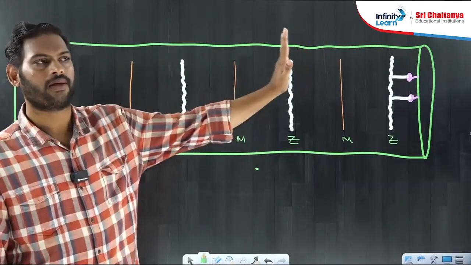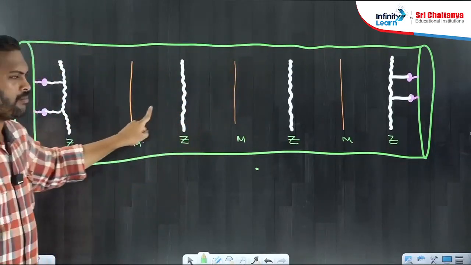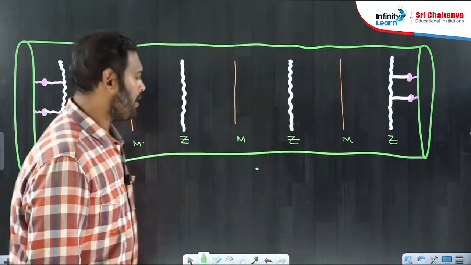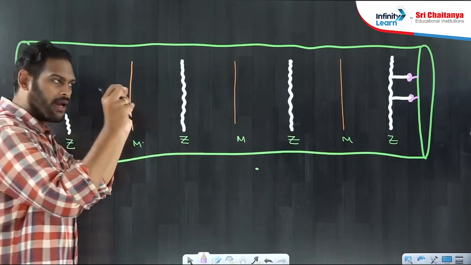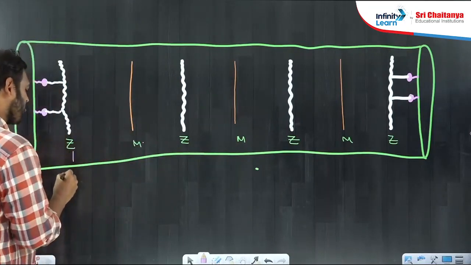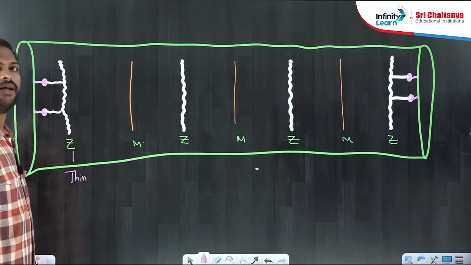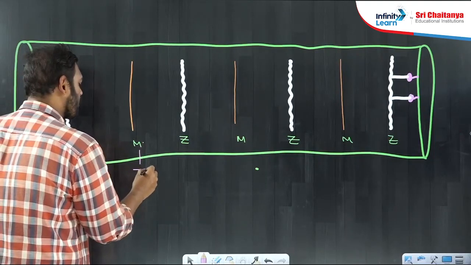Focus here, listen to this properly. Z line, M, Z, M, Z, M, Z. Okay, and the rule was that Z lines were attached with thin filaments only, whereas M lines were attached with thick filaments only.